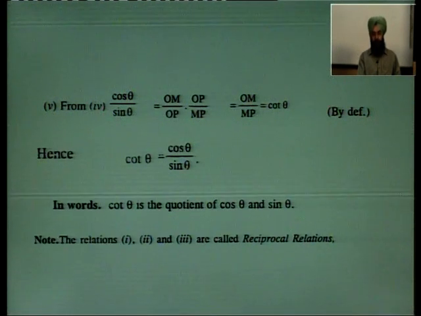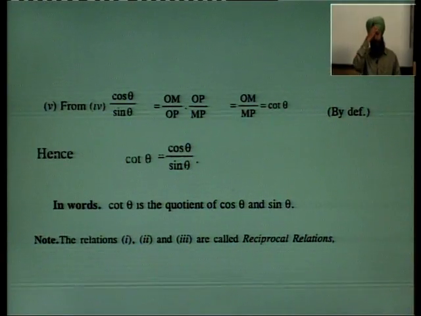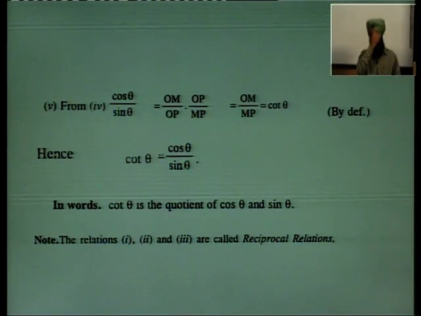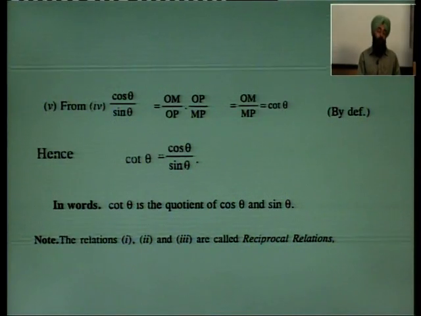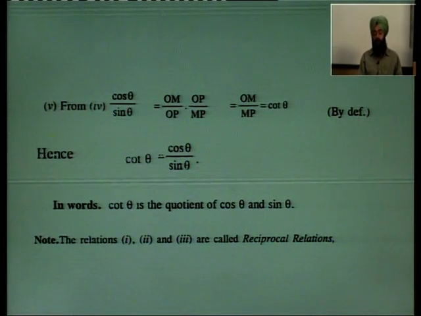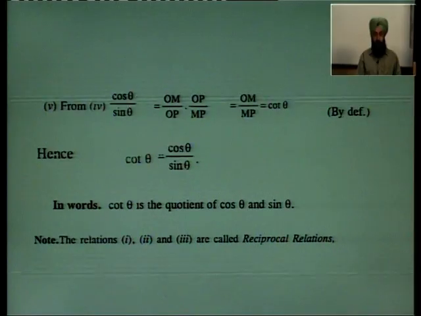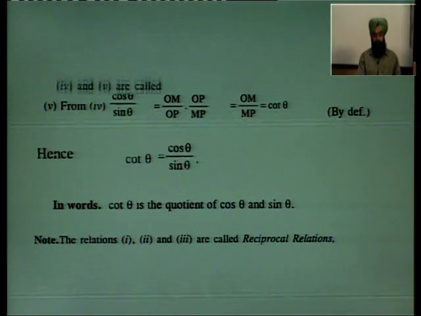So, therefore, all these relations, first, second, third, are the reciprocals, because sin theta is equal to 1 over cosecant theta, or cosecant theta is equal to 1 over sin theta, and cos theta is equal to 1 over secant theta, or secant theta is equal to 1 over cos theta, and tan theta is 1 over cot theta.